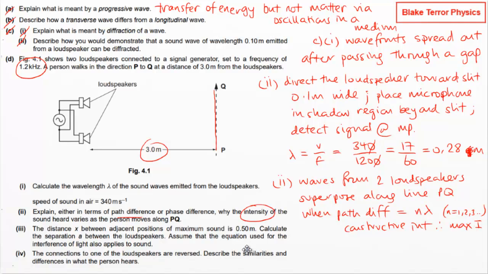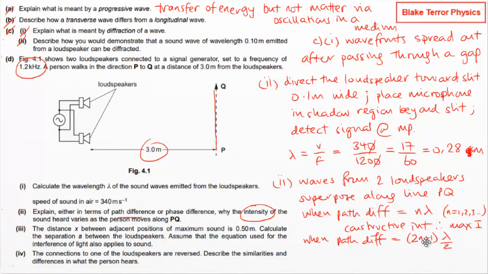Again, they're talking about intensity here, so we need to put intensity in the answer. You want to get your keywords over. And then when the path difference is equal to an odd number of half wavelengths, this is the one that sometimes people get a bit confused with, so we want (2n + 1)λ/2.